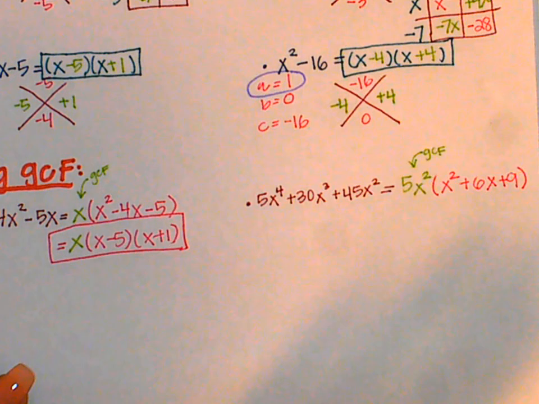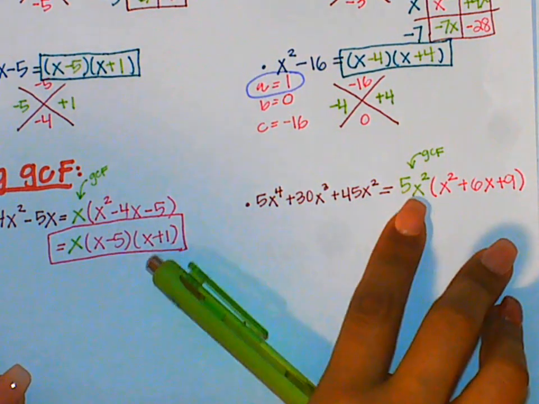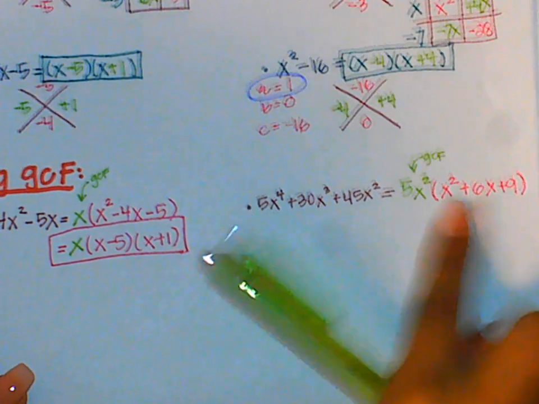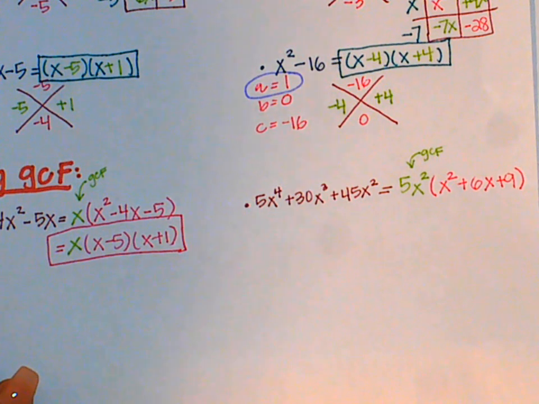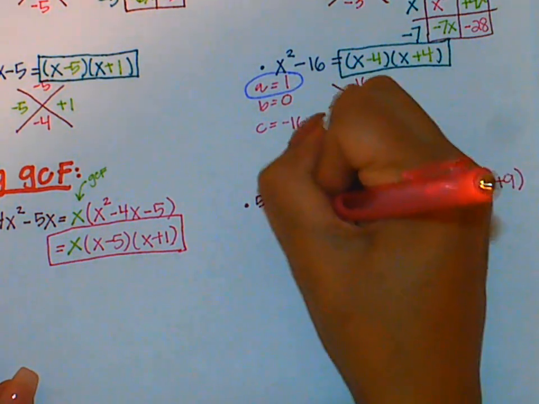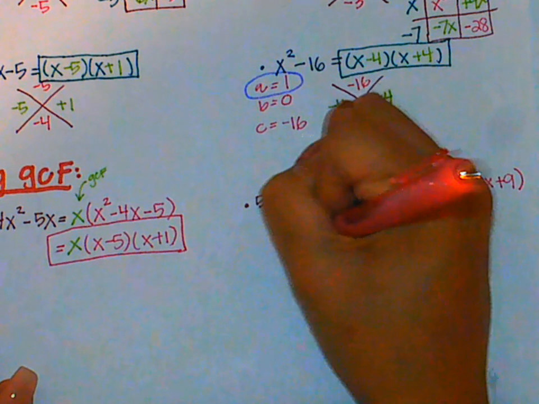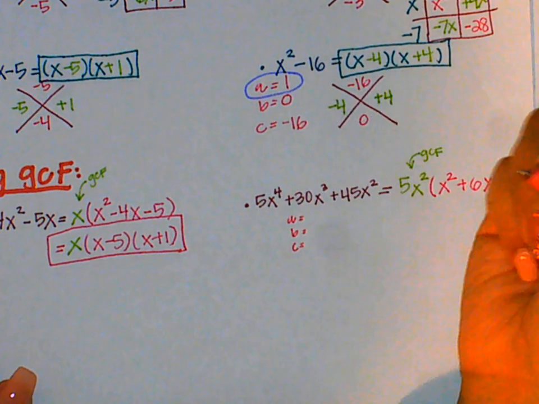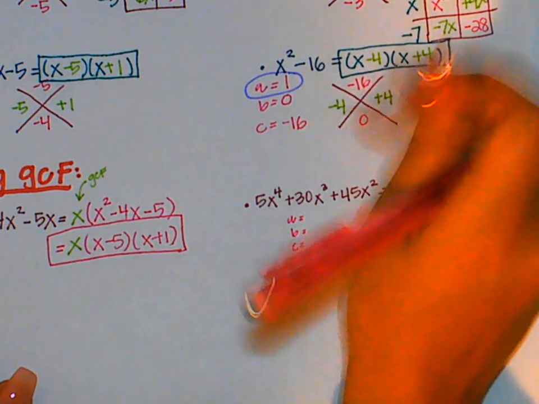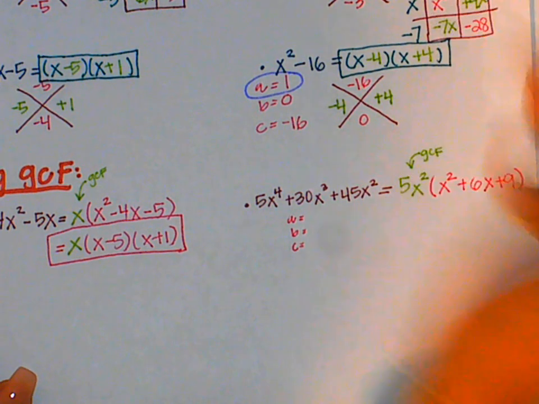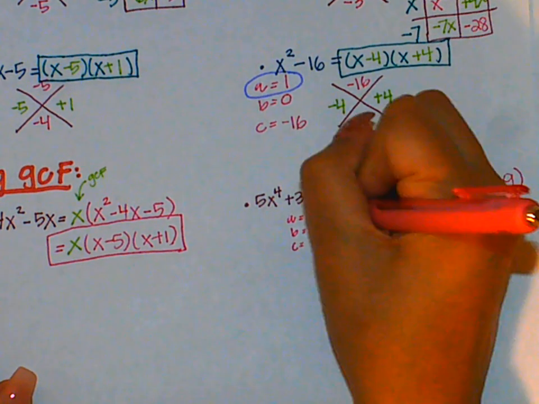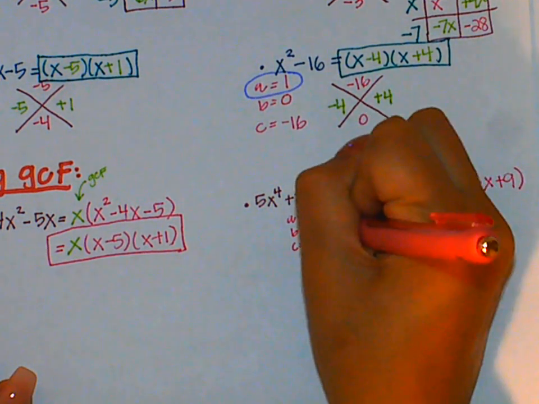So for a second, I am going to leave my GCF to the side. Now I still have to bring it in, but I'm going to forget it for a second, just so I could factor these terms here. I'm going to start off with finding my ABC. Now, if we're lucky, if A is 1, then we get to just do this part here instead of doing the box method. So A is 1, B is 6, C is 9.